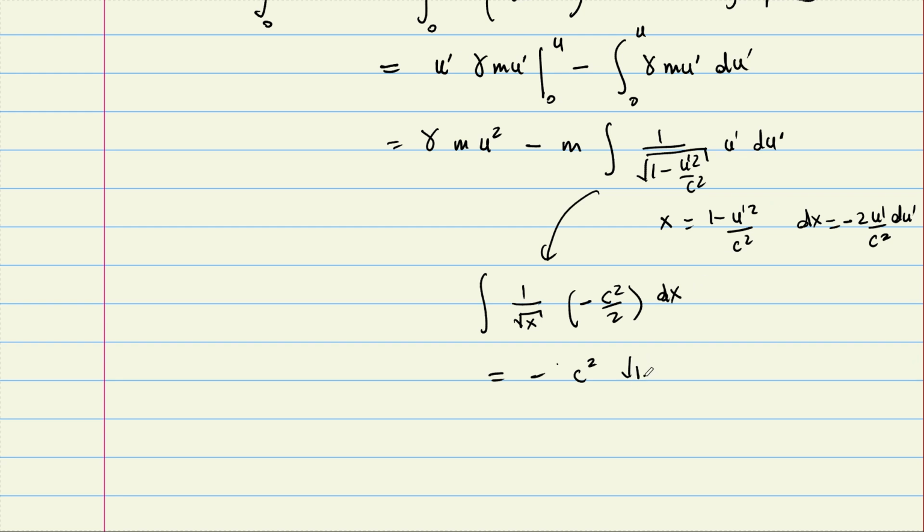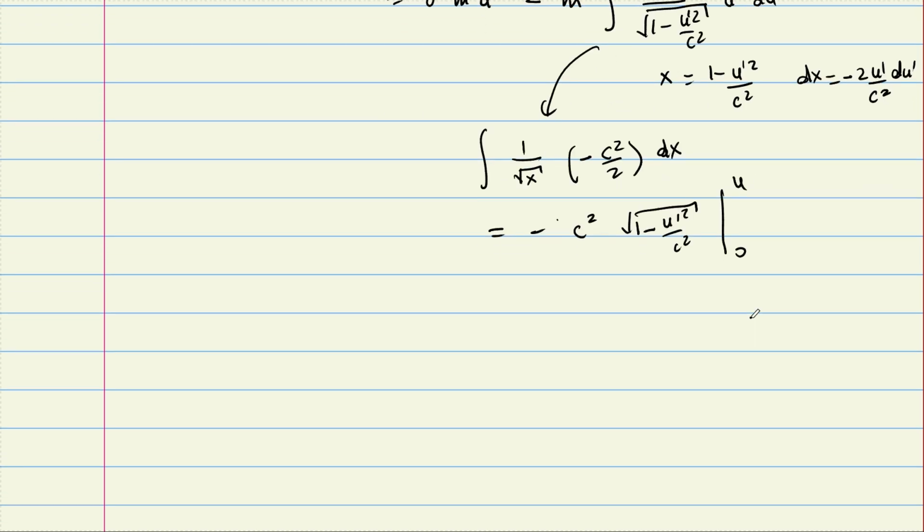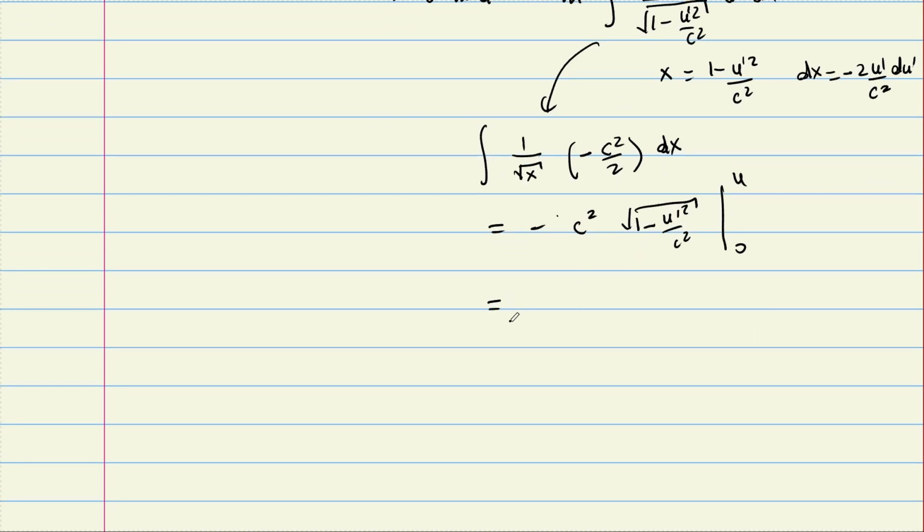And x was equal to 1 minus u prime squared over c squared, and the limits are from 0 to u. And if I put u, it is minus c squared root of 1 minus u squared over c squared. And if I put 0, it is going to be minus minus, plus c squared. Okay, done.